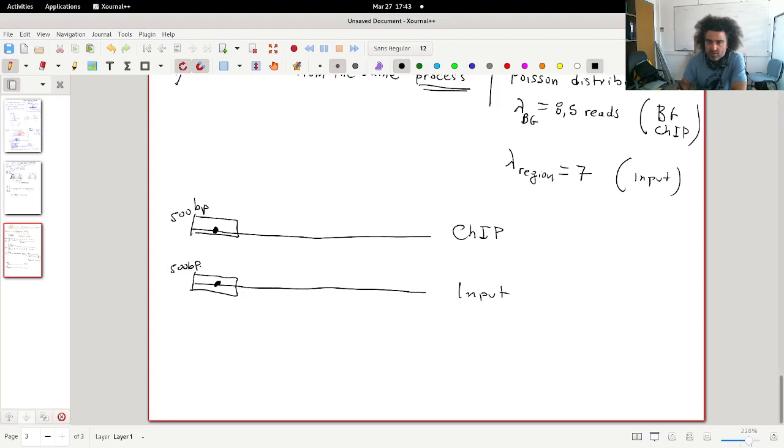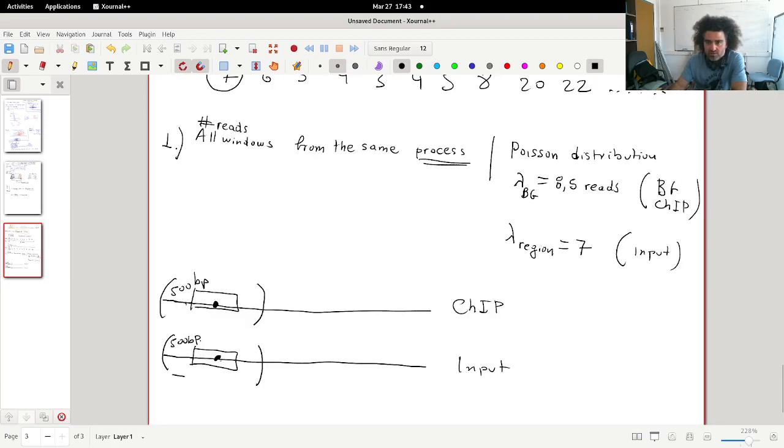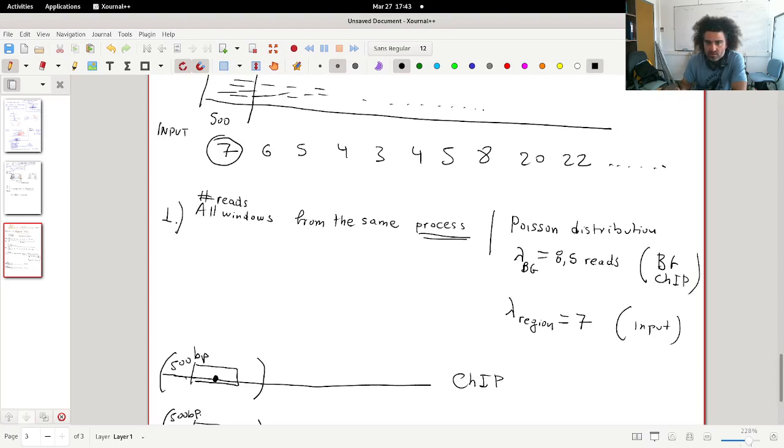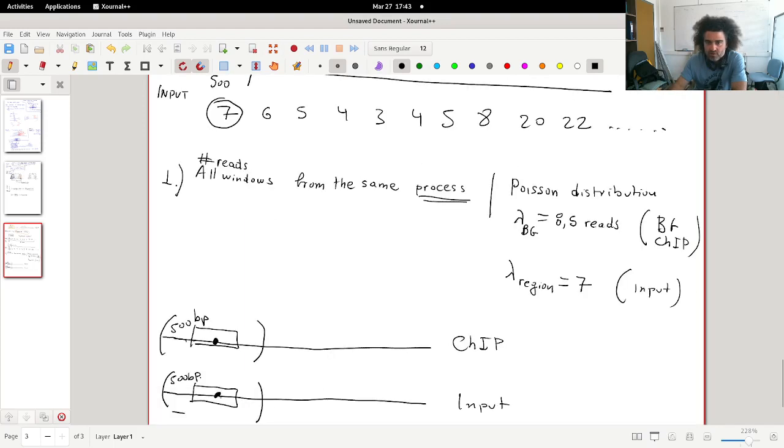Now, okay, here we are a bit unlucky because we are at the edge. Let's say that we are not at the edge. So 1000 base pairs around it, we will go from here to here. And using the reads that we have in this region on the input, we said previously that we have in the input 7 reads in the same region.